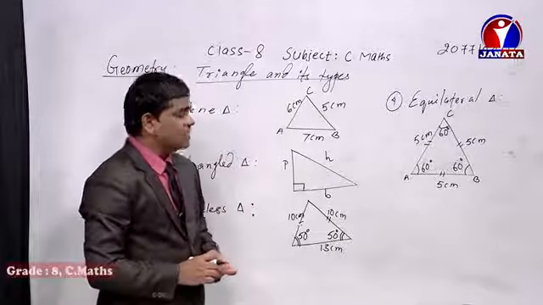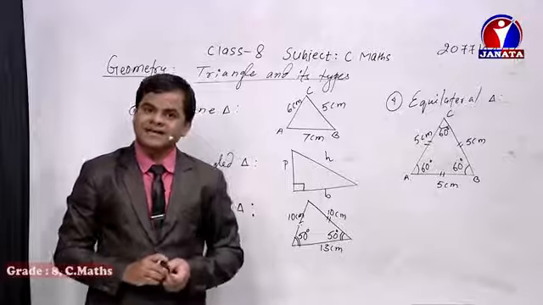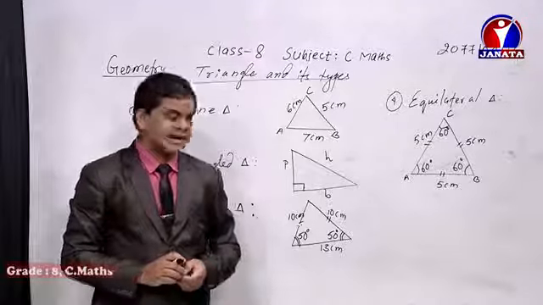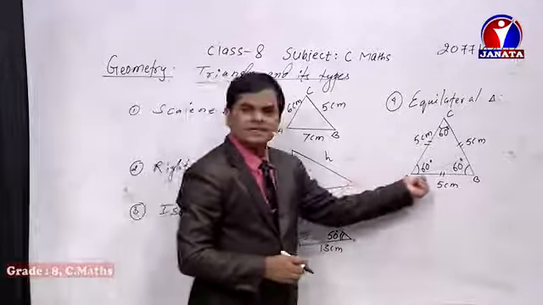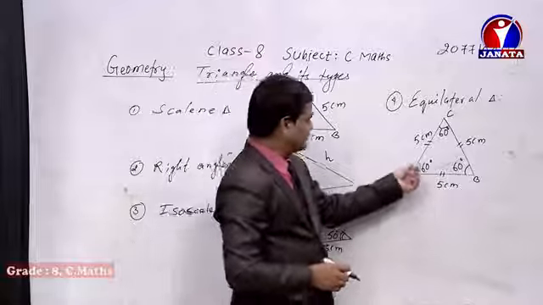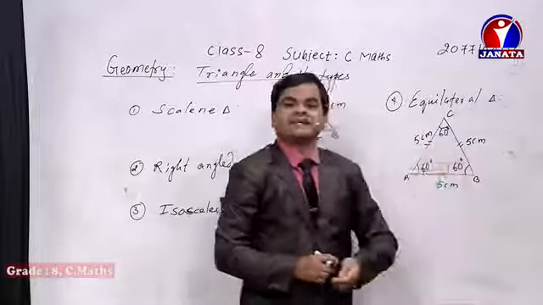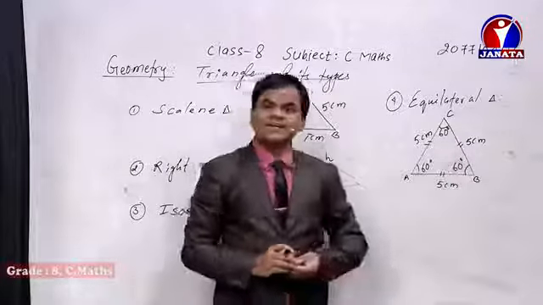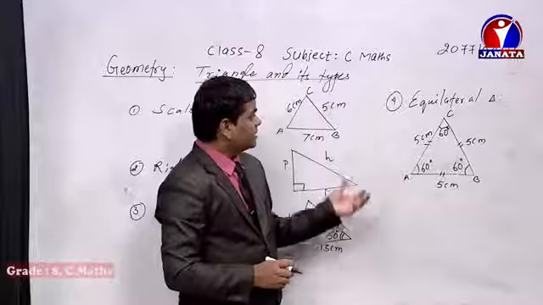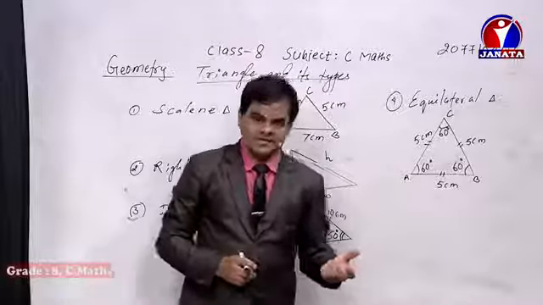And if we divide the 180-degree into 3 equal parts, we get every angle as 60-degree. That's why 60-degree, 60-degree and 60-degree. 3 times 60 is 180-degree. So these are the types of triangle, dear students.